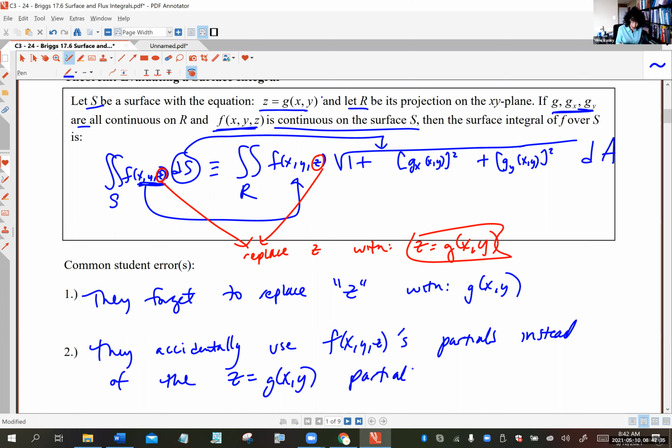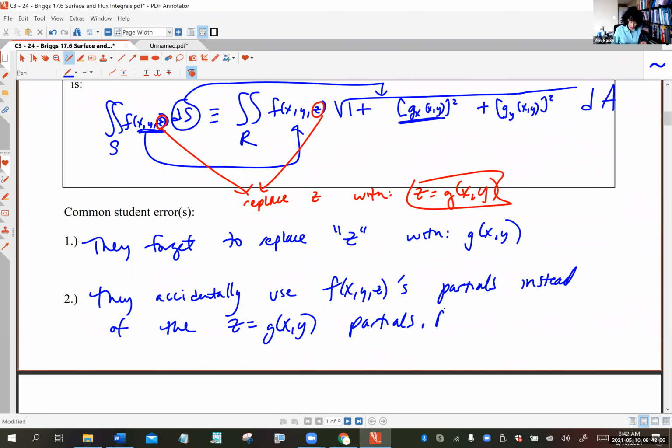So what am I saying? These partials that you see underneath the radical, the gx and the gy, sometimes students, when they're doing a problem, with all these functions running around it gets confusing, and they accidentally put fx and fy here, and that's not okay.